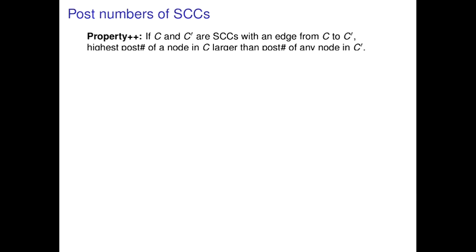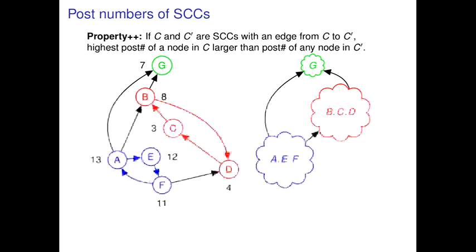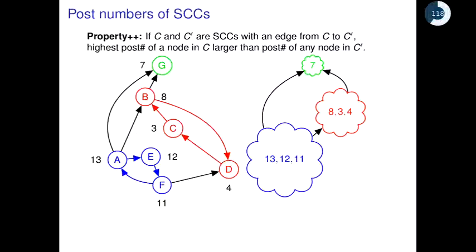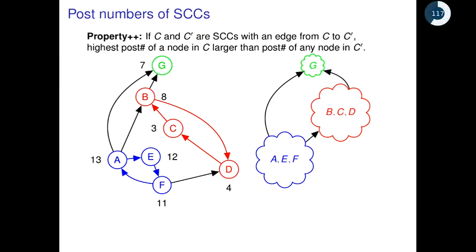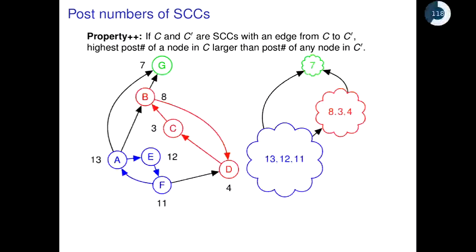Remember, this was the last one, 13. And what am I saying? I'm replacing each vertex here with its post order number. So now let's parse the statement with this figure. Here are two strongly connected components, C and C prime.